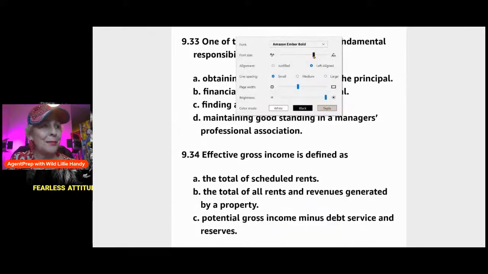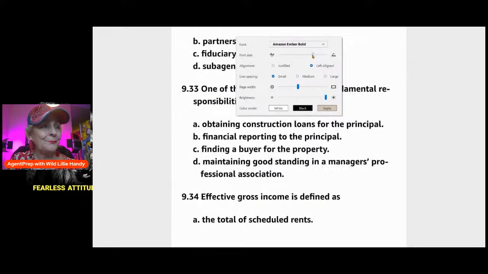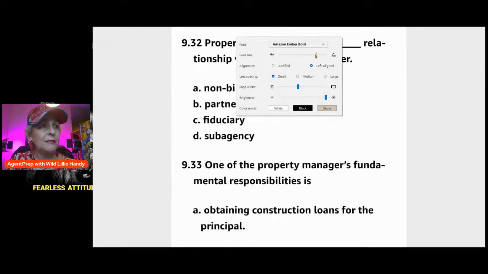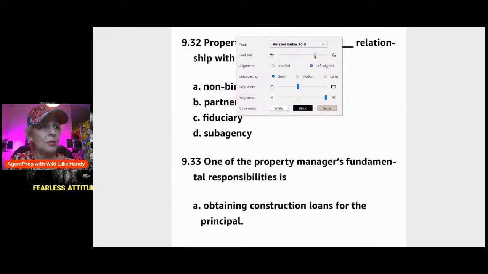And don't want the responsibility. Dang. Managing lots of properties is work. And dealing with tenants, oh my.